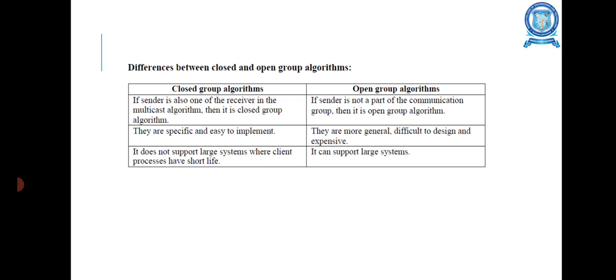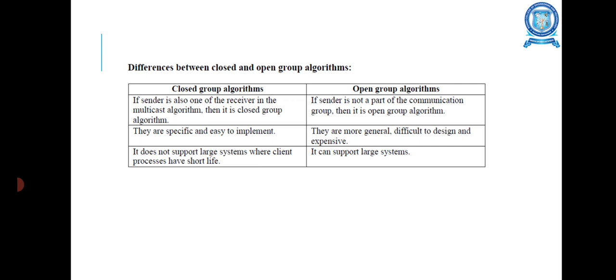These are the differences between closed and open group algorithms. Closed group algorithms: if a sender is also one of the receivers in the multicast algorithm, then it is a closed group algorithm. Open group algorithm: if the sender is not a part of the communication group, then it is an open group algorithm.